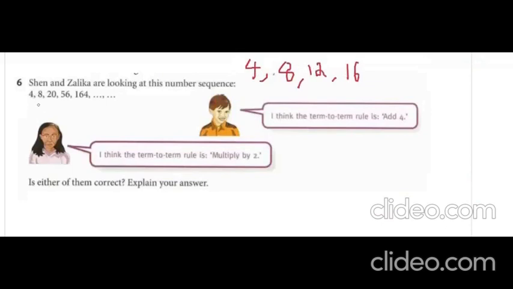Whereas the given sequence is different from the term to term rule of Shane. So this is not possible. And when we check with Zaliha, what she says, the term to term rule is multiply by 2. So 4 is the first term, and 4 into 2 is 8, and 8 into 2 is 16, and 16 into 2 is 32, which is also not available in the given sequence.